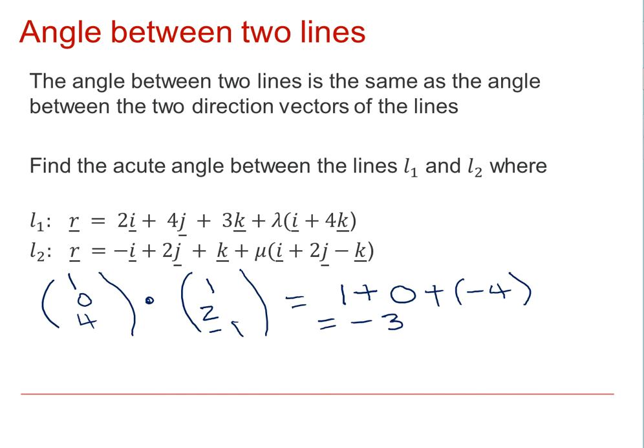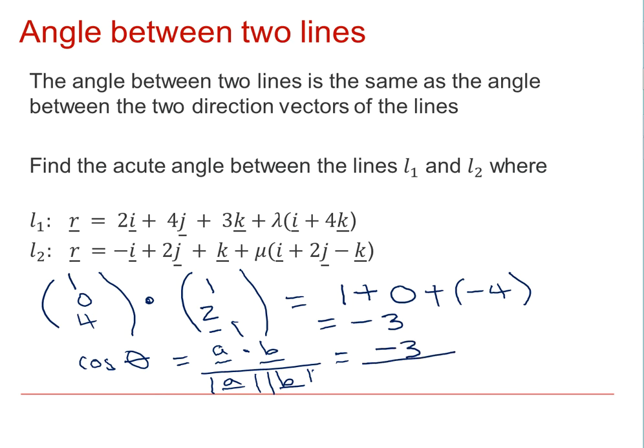You will remember that cos theta equals the scalar product a dot b over the magnitude of vector a times the magnitude of vector b. So in this case, it is minus 3 over the square root of 1 squared plus 4 squared times the square root of 1 squared plus 2 squared plus 1 squared.